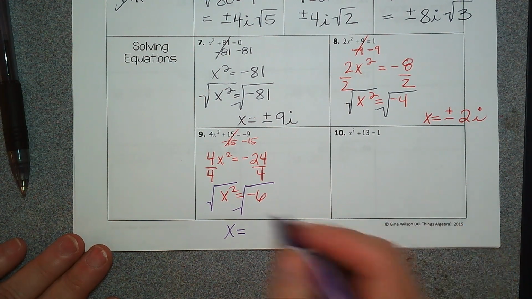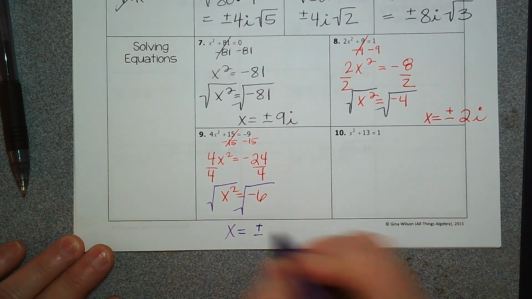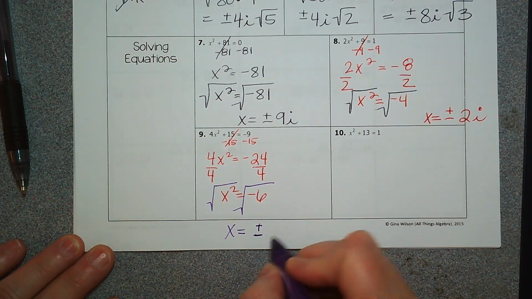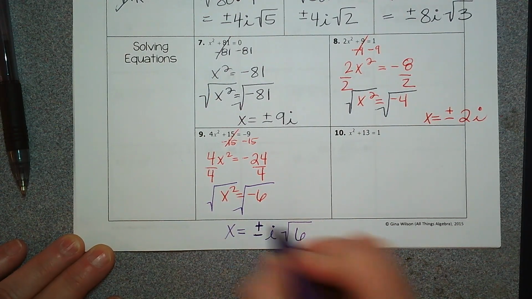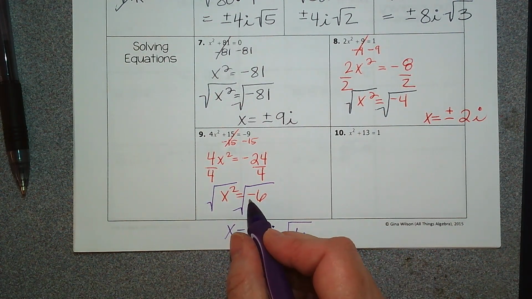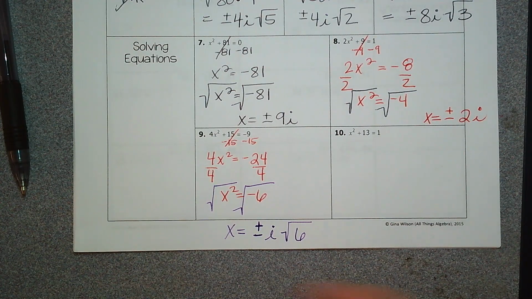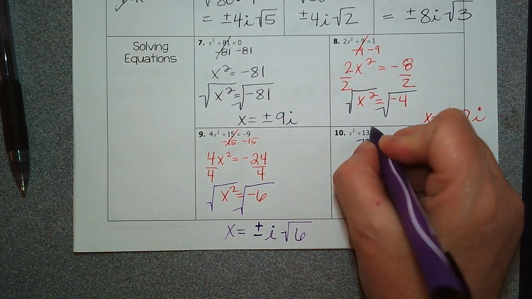Can I simplify that? So what do I do? How do I write my answer? i times the square root of 6. 6 stays under the radical because I can't take the square root of it. I can take the square root of negative 1. That's i. So the i comes out, the 6 stays underneath. Number 10, subtract 13.